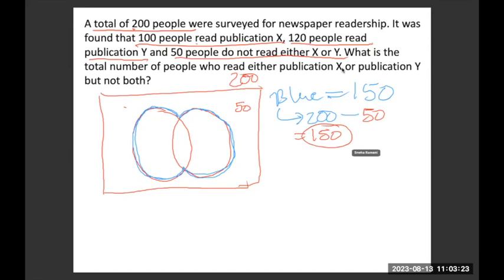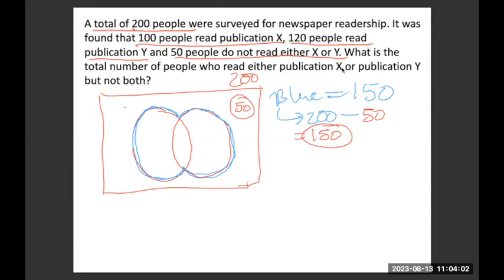So inside the blue box which you are seeing, there will be 150 people. Inside the blue circle, there will be 200 minus 50, which is 150 people, because 50 of them are not reading X or Y, who are outside.